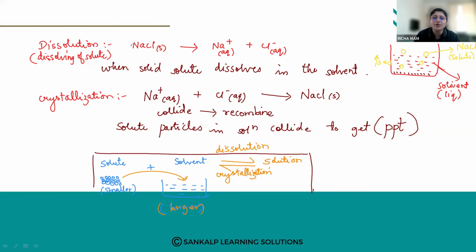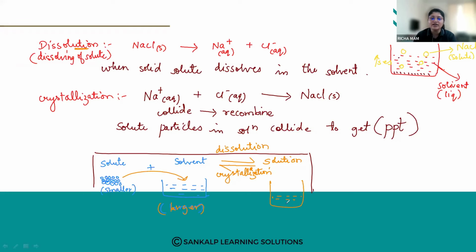I gave you the example of NaCl. When NaCl gets dissociated into Na+ and Cl- ions, that is dissolution. And these Na+ and Cl- ions will collide with each other and recombine to give you NaCl in the form of precipitation, and this is called crystallization. This is called recrystallization.